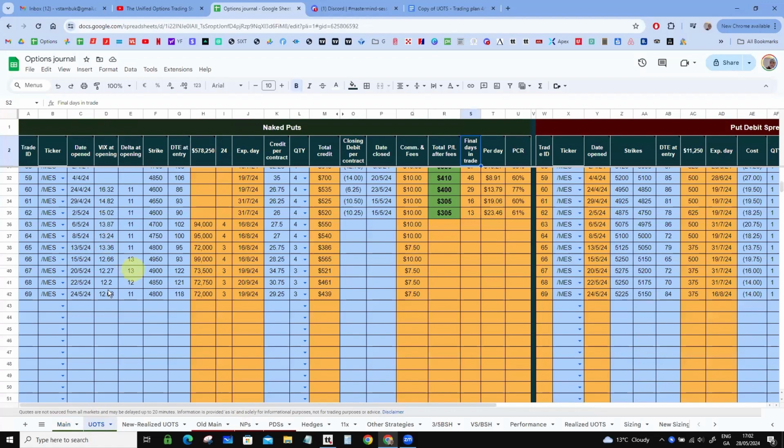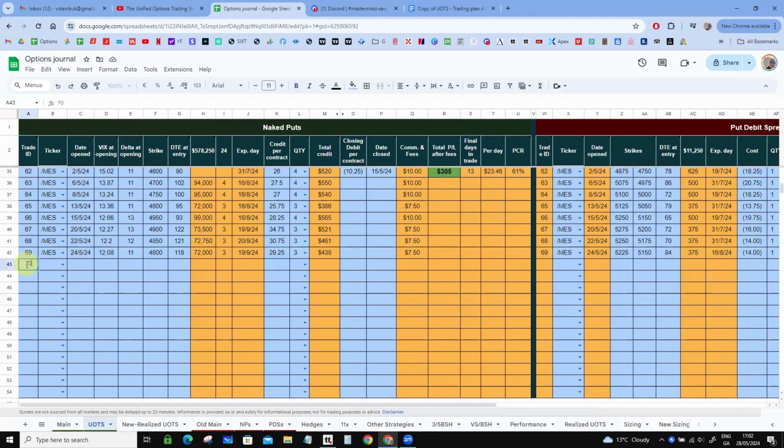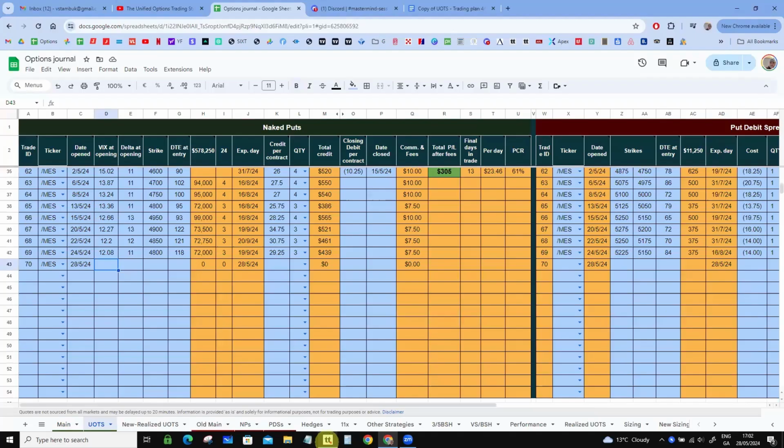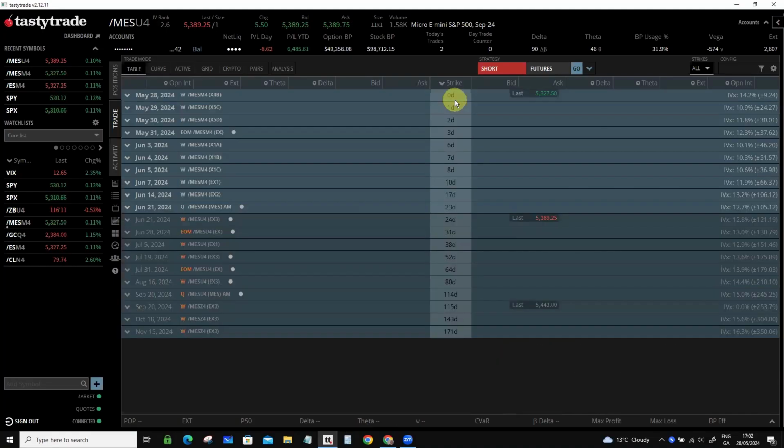We go to UTS. This is trade 70. MES. Today's date. And the VIX at opening was 1265. And delta, I don't remember, was it 13?